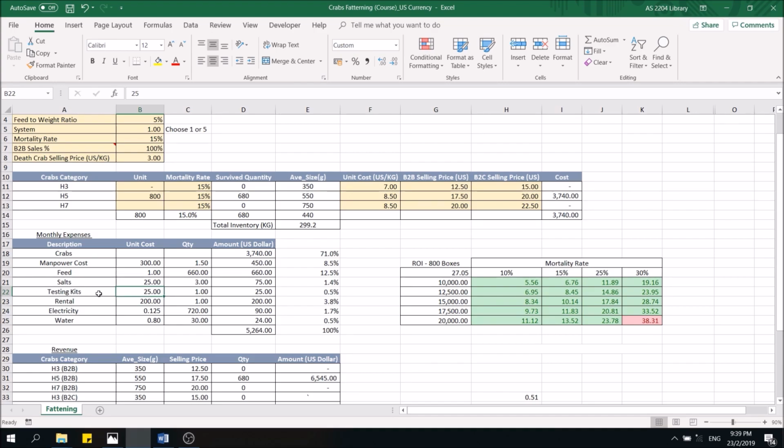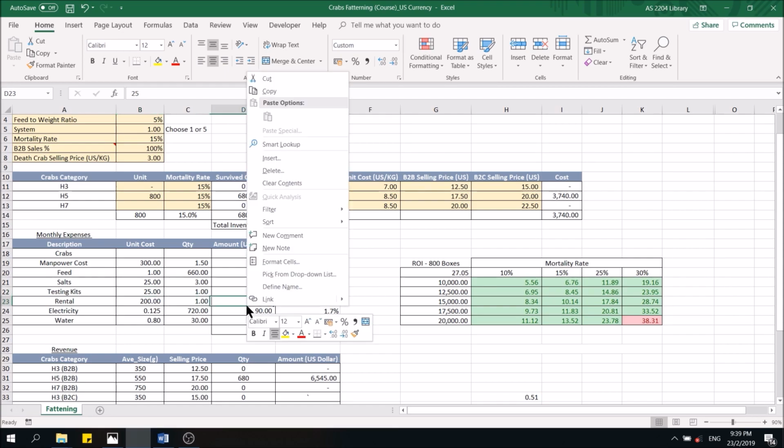Next, we have rental costs. So for a typical 1,000 box system, it requires 100 square meters. You have to find out what the rental cost is in your country. For our case, we assume $200 per month. Next, we have electricity costs.